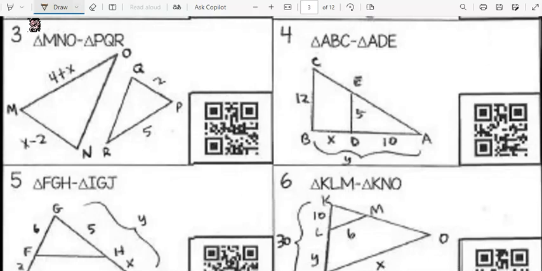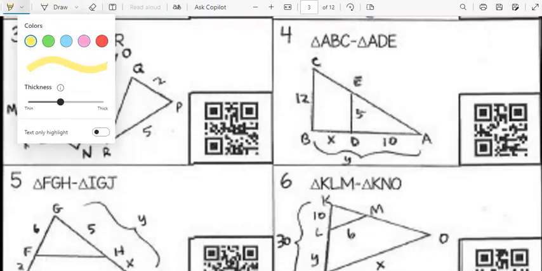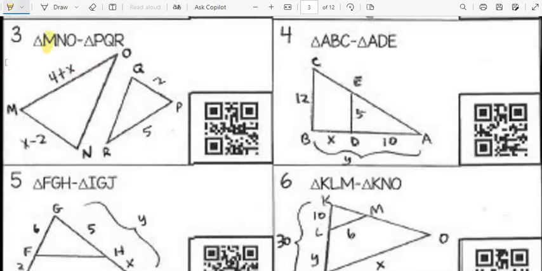Triangle MNO is similar to triangle PQR. So let's mark these.